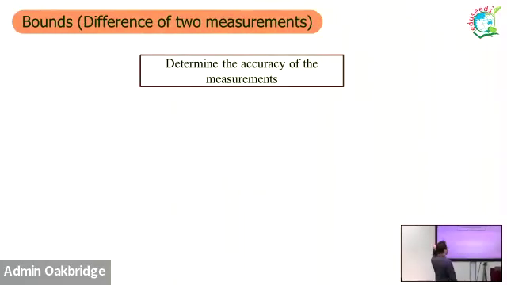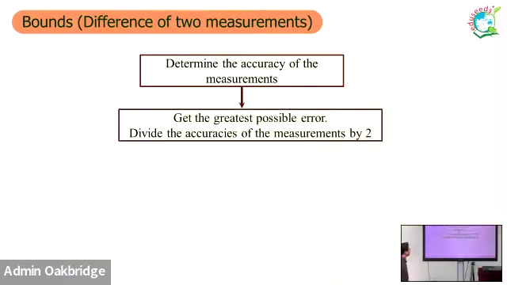Now let's look at the next one. This is about the difference of 2 measurements. Just now we learned about the sum of 2 measurements. Now it is the difference. Difference will be a bit special, similar to division. So get the greatest possible error.